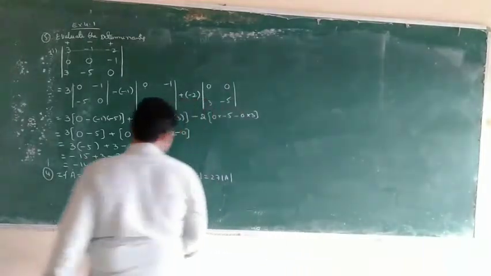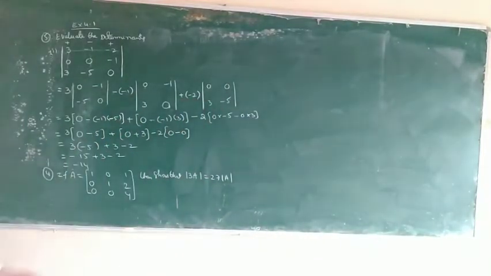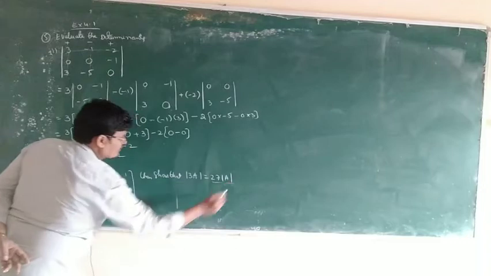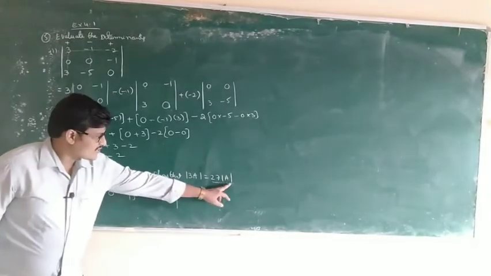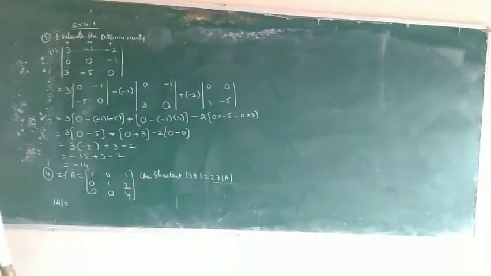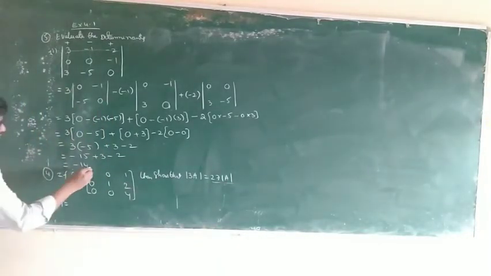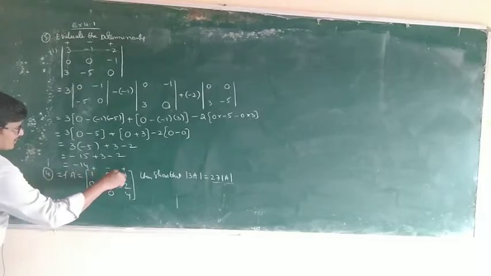Okay, first det A. This is det A first. How to find det A? This is the A matrix. First we have to find the RHS, the determinant of A. So the signs are plus, minus, plus.